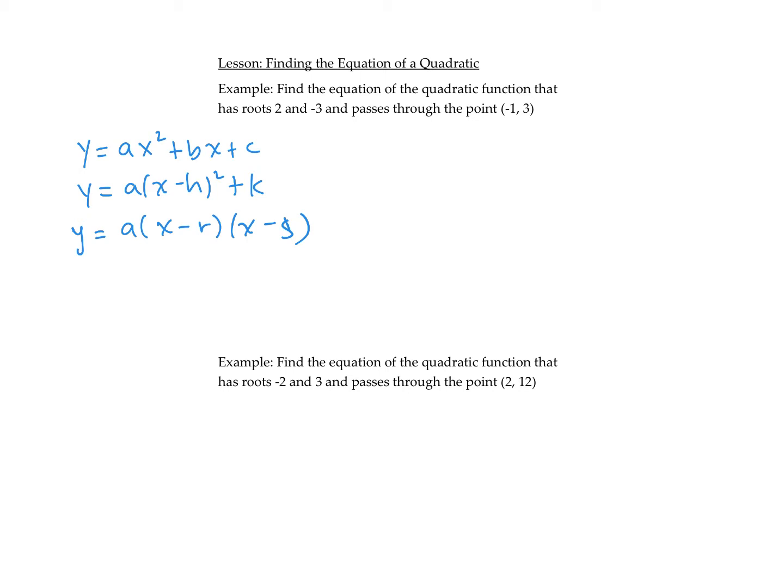So if it has roots 2 and -3, so x equals 2 and x equals -3. So if you remember, if we have it in standard form, I'm just going to erase these because we don't really need them.